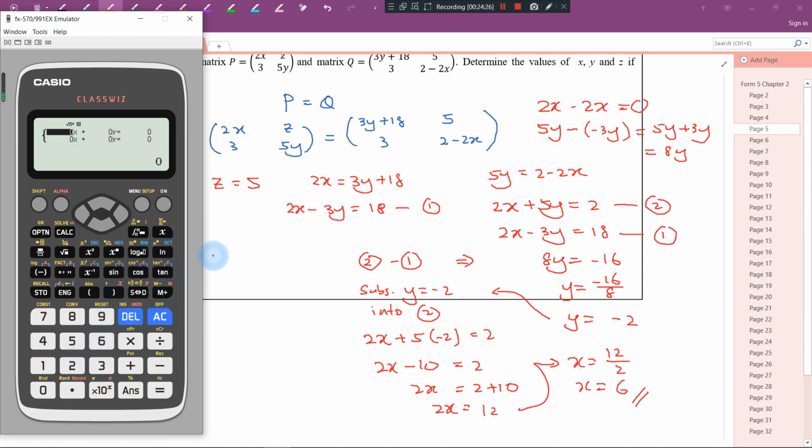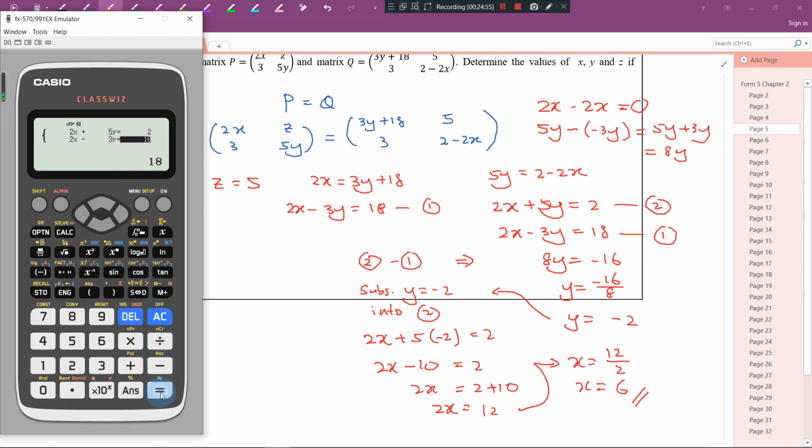We press 2. Make sure you arrange nicely x, y, and the number on the other side. Okay, 2, 5, 2. The second equation is 2, negative 3, 18. Let me double check, correct?